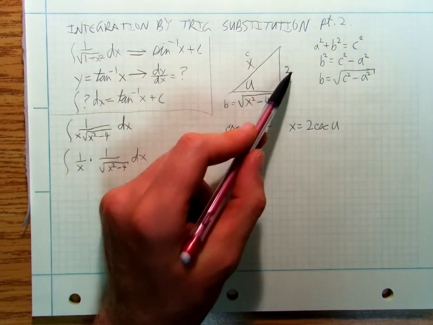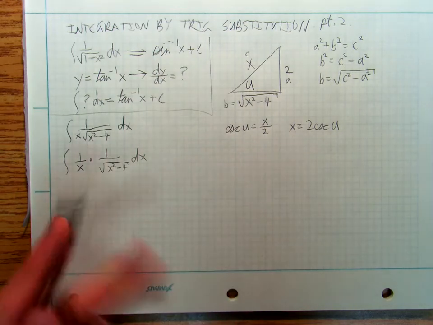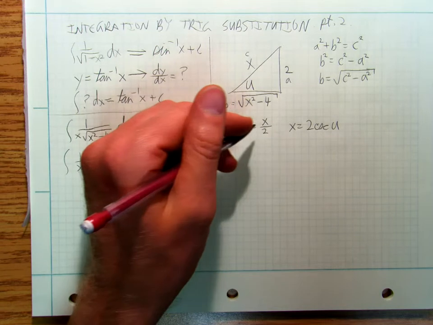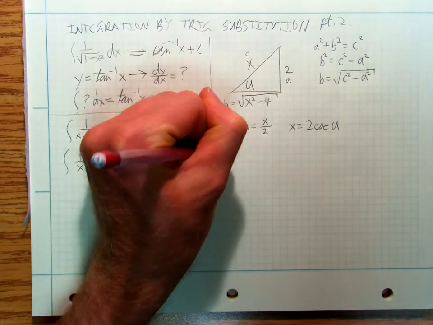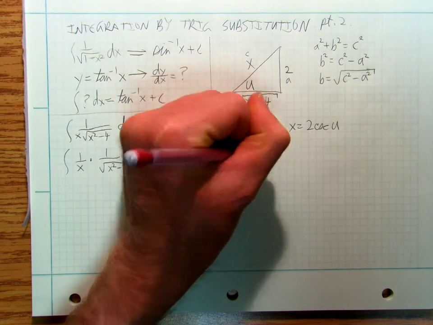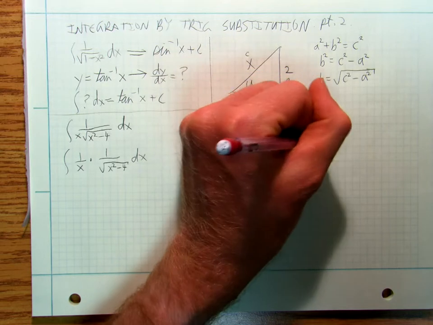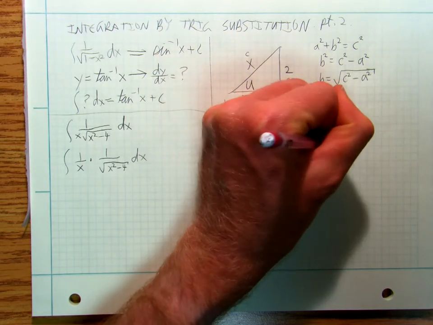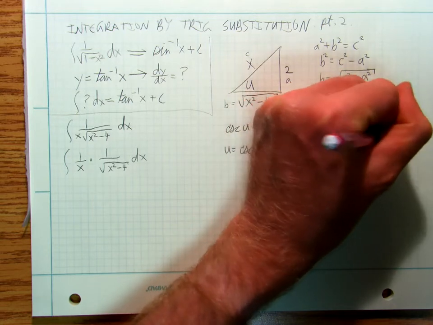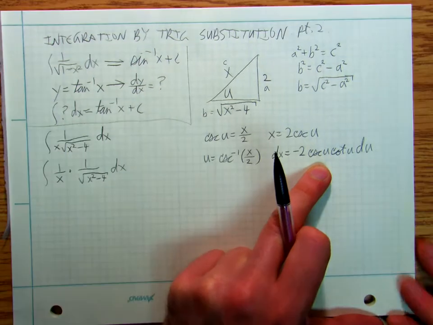Cosecant is hypotenuse over opposite. Then I can do a couple things here. I can say u equals cosecant inverse of x over 2, and I can say dx is equal to negative 2 cosecant u cotangent u du. That's a fact that you should remember from somewhere.